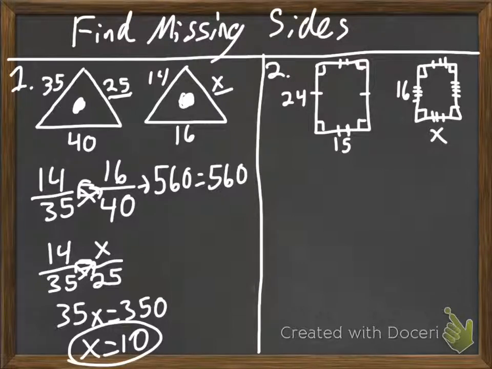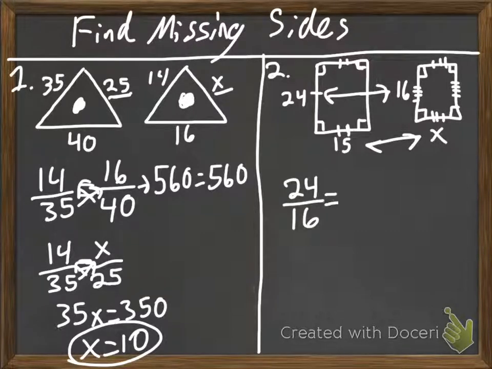Okay, so it looks like this 15 and the x are going to be corresponding, and the 16 and the 24 are corresponding. So we're going to go 24 over 16 equals 15 over x. Taking care to make sure that we have all of our numbers in the right place, and it looks like they are, we are going to cross multiply.